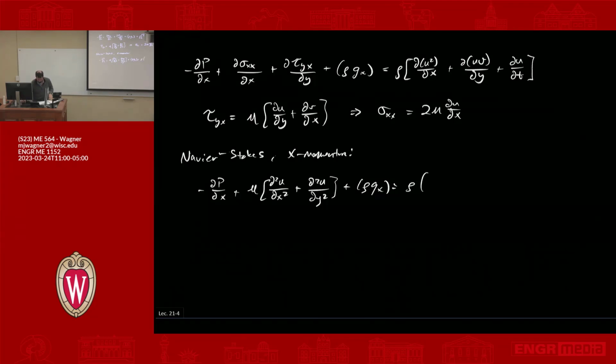So it's rho times u times partial u with respect to x plus v partial u with respect to y plus partial u with respect to t. OK. My hand is cramping.